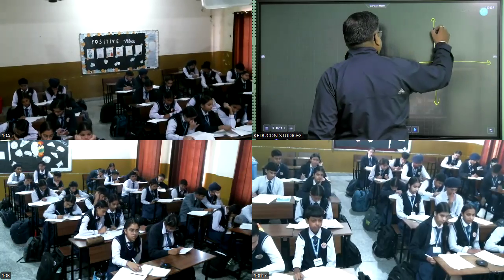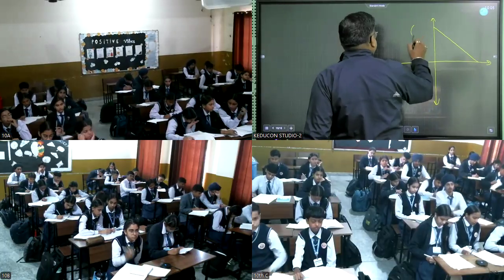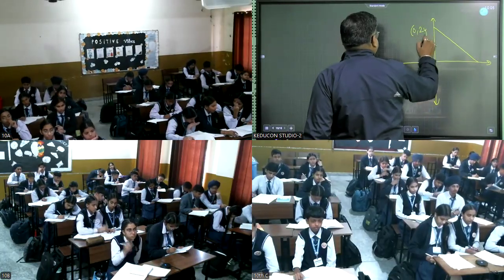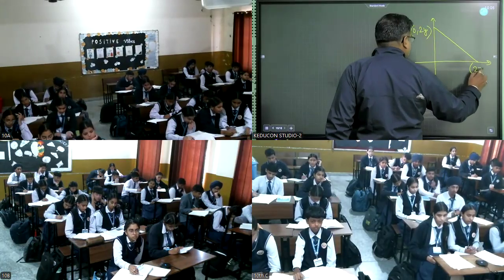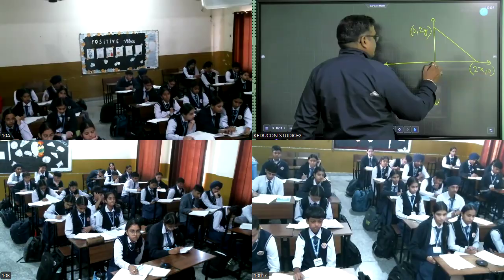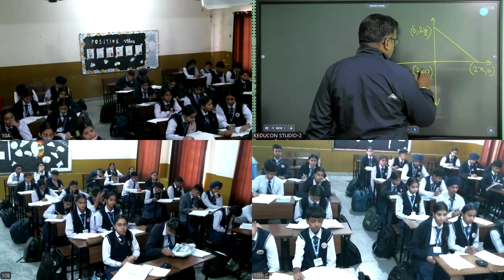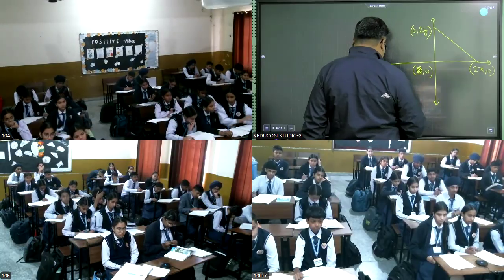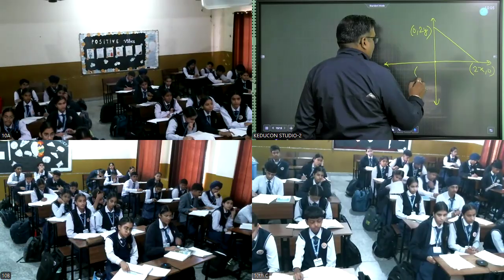Now, student, it is given. There is a triangle. The vertices of this triangle is given. Sorry, 0, 0. Right?